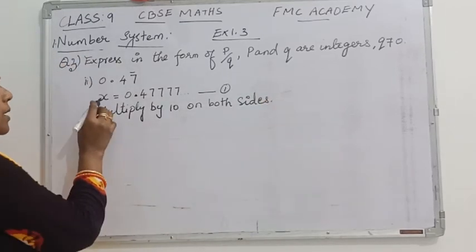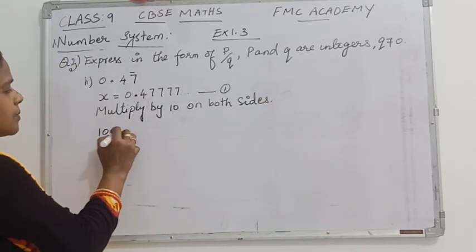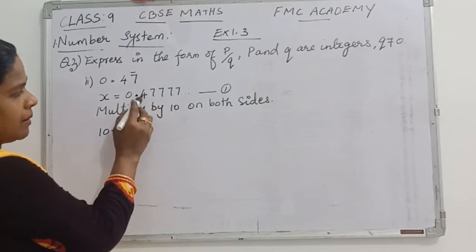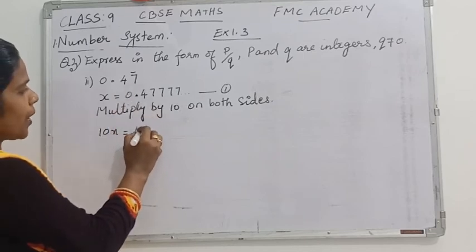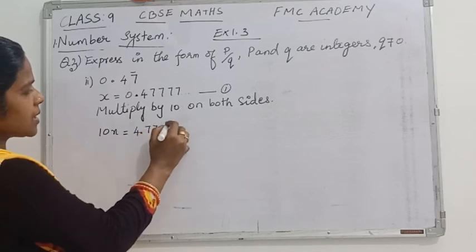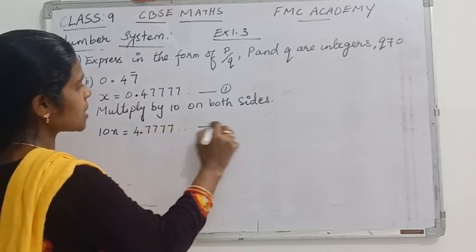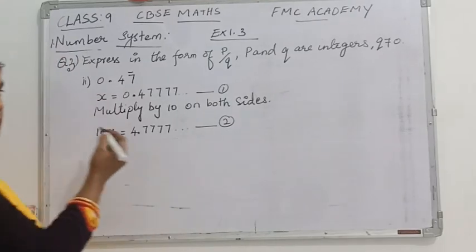Yes, so what will you have? Now here you will get 10x. And when you multiply by 10, this point will be shifted after the 4. So you will have 4.7777, give it equation number 2, and just simply subtract it.